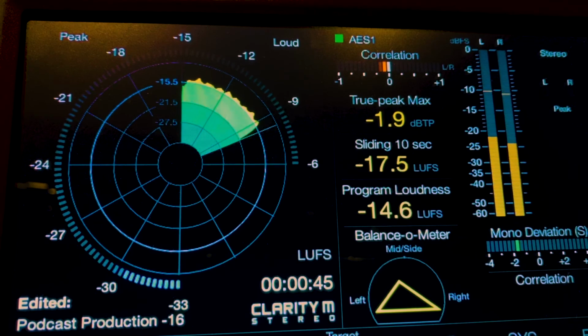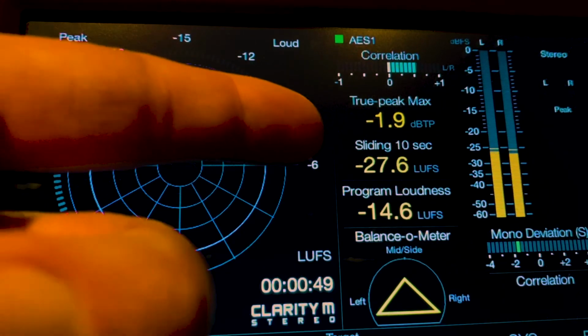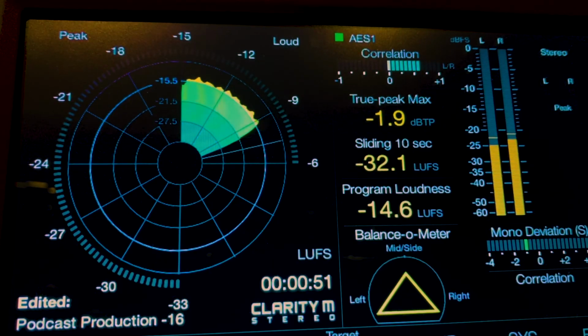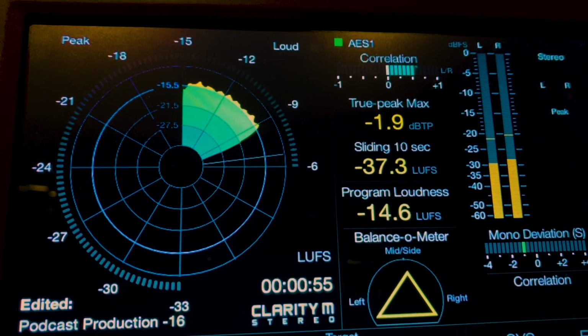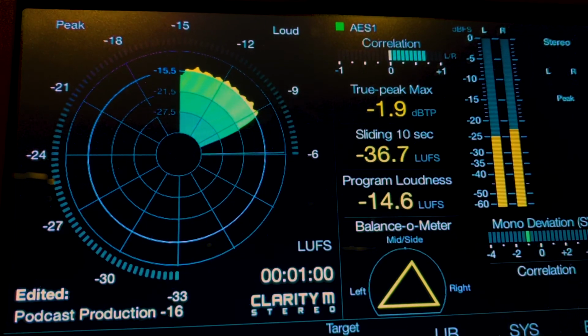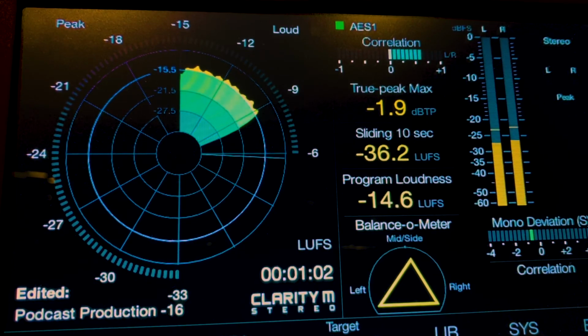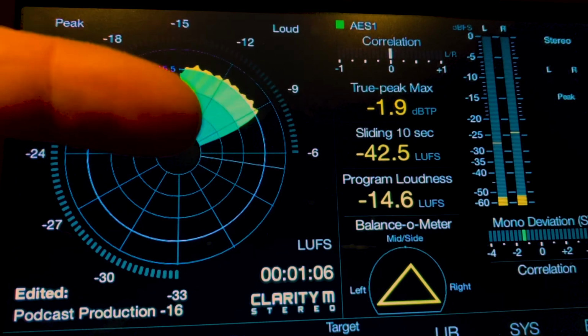There's going to be less information. So this is okay that this is dropping because obviously dynamically we have shifted. I would probably be riding the faders a little bit here because that dropped off a lot. I'm holding my phone, can't push the faders around.